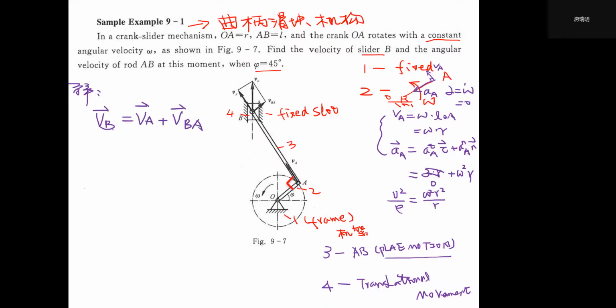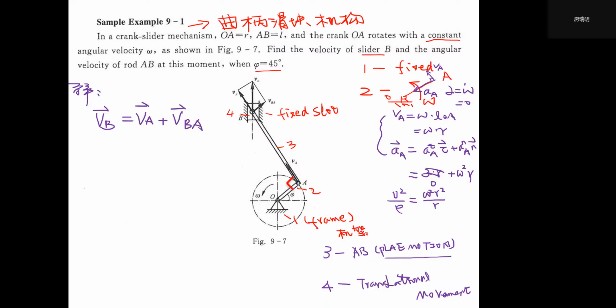That's how we use this composition method, because AB is a rigid body with plane motion, and A is a point on this AB with a lot of information about its velocity and acceleration.